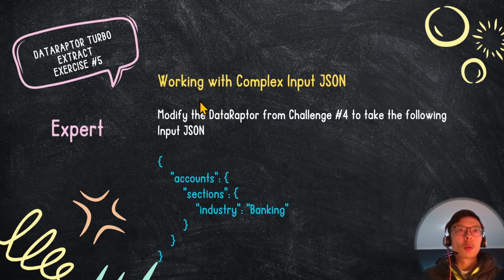In this exercise, we'll be working with complex input JSON. So we'll need to modify the DataRaptor from the previous challenge to take the following input JSON. Starting with open and close curly brackets, we've got a top JSON node, accounts. Inside accounts, we have another JSON node called sections. Inside sections, we have a key and value pair, industry, where the value is banking.